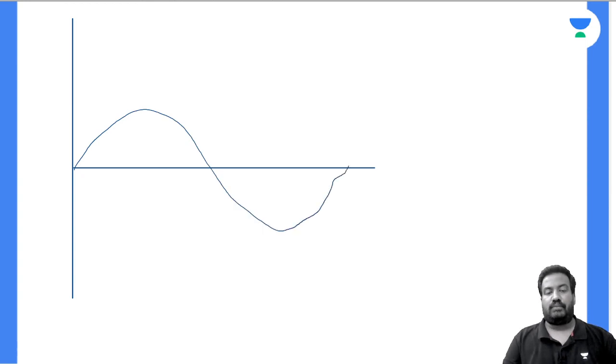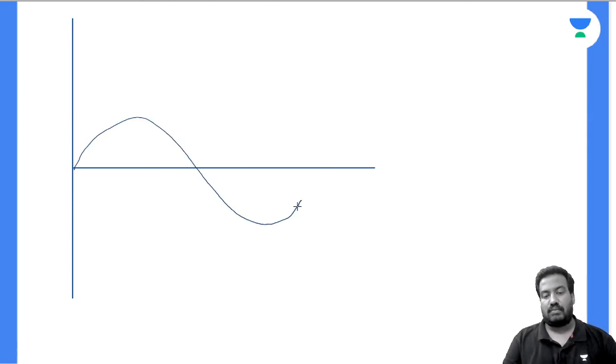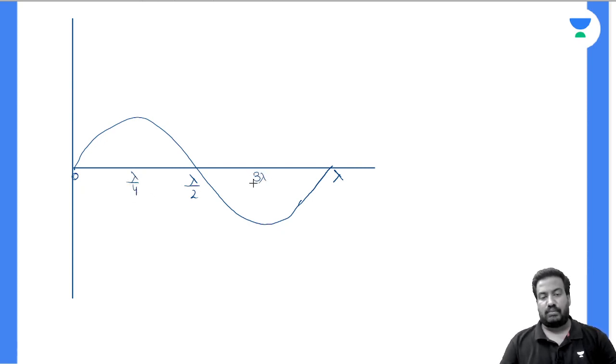If you take a wave, wavelength here is 0. It is lambda. Lambda is the distance travelled by the wave to complete one cycle. Lambda by 2, lambda by 4, 3 lambda by 4.